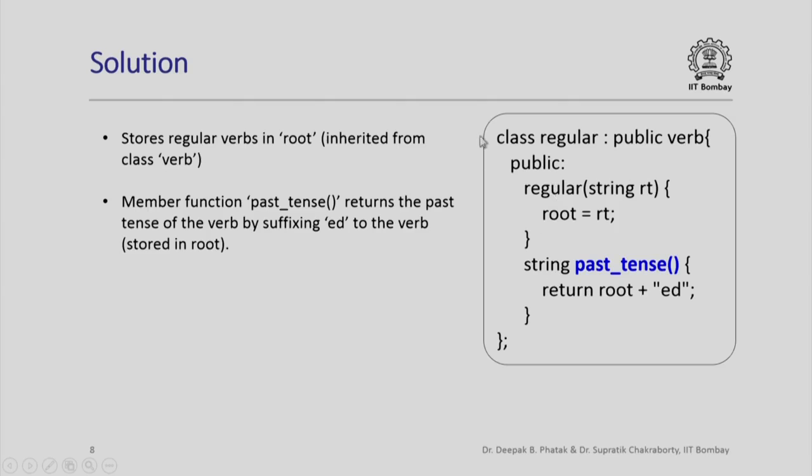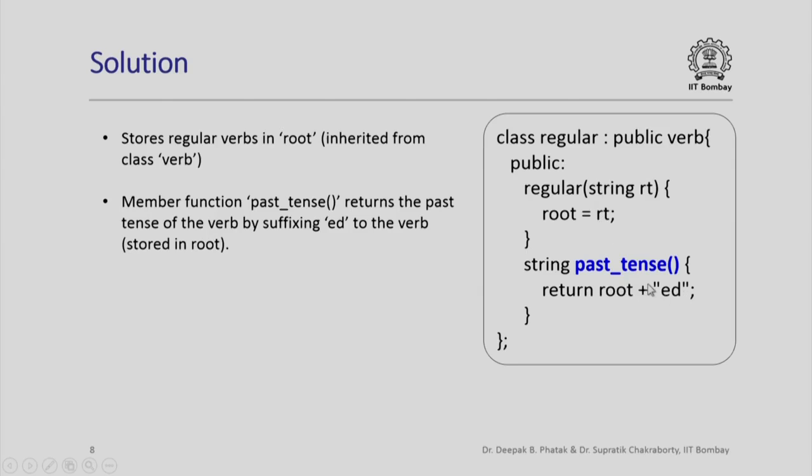And then there is this public member method, past tense. What does it do? It is going to return the past tense of a regular verb, and this is the easier case. It can just return the string that was stored in the root, which was the actual verb, concatenated with ed.